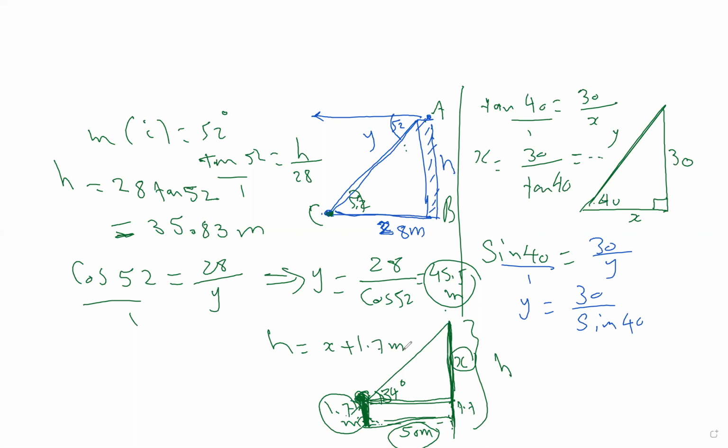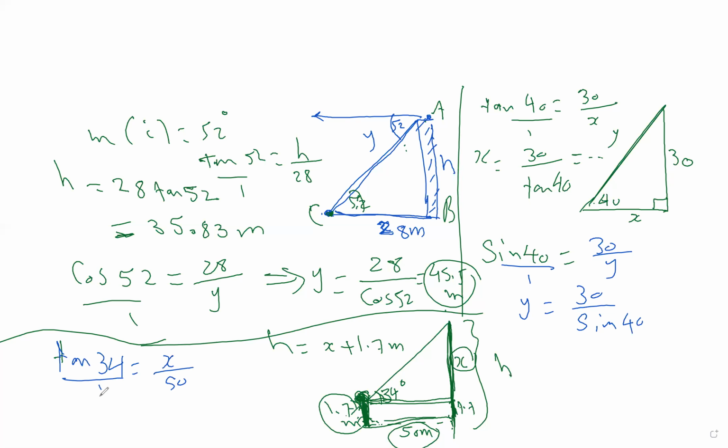Don't forget to add the height of the man to find the whole height of the building. For example, this is another example. Tan 34 equals x over 50.